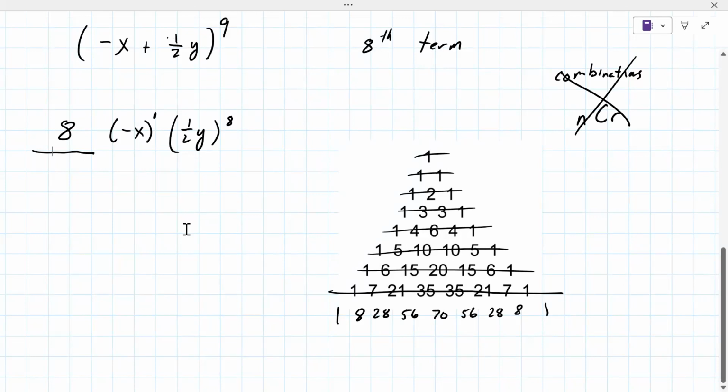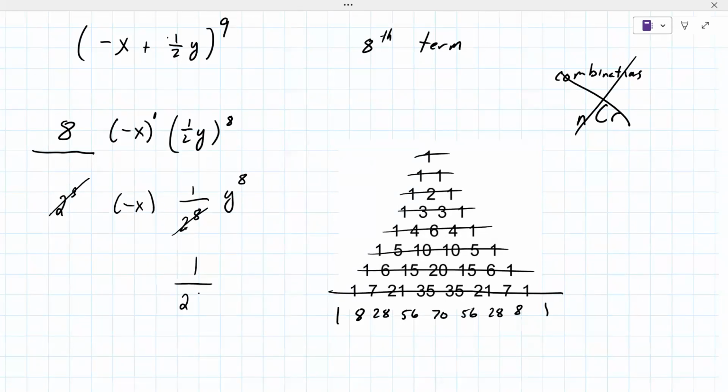Okay. So you could simplify this, right? It's not great, but it's possible. 8 is really 2 to the power of 3. And then this is minus X, 1 over 2 to the 8th, Y to the 8th. So the 2 to the 3rd to the 8th cancels to 2 to the 5th.